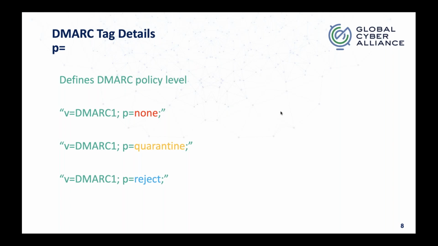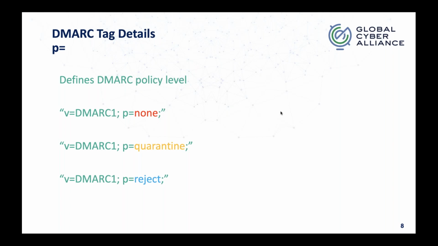So if at globalcyberalliance.org I put in v=DMARC1, semicolon, p=quarantine, that means all messages that fail authentication go to the spam junk folder for globalcyberalliance.org and its subdomains, like sales.globalcyberalliance.org and marketing.globalcyberalliance.org. Those all apply with the p tag: the top-level domain as well as the sub-level domains.